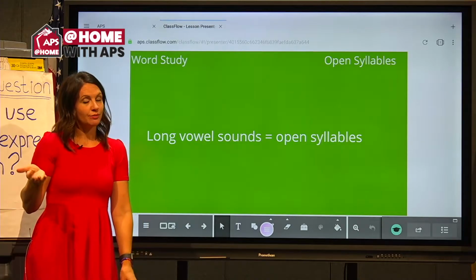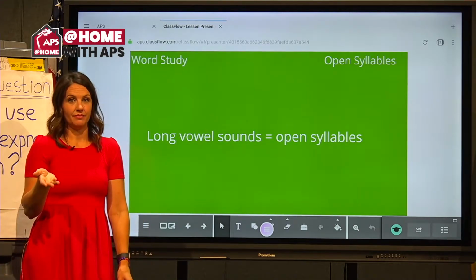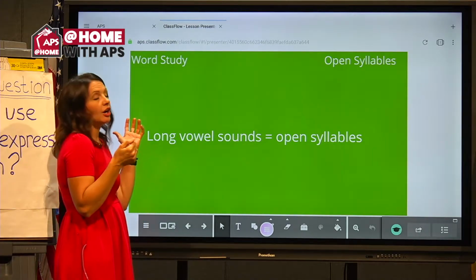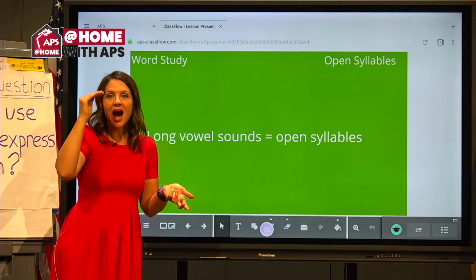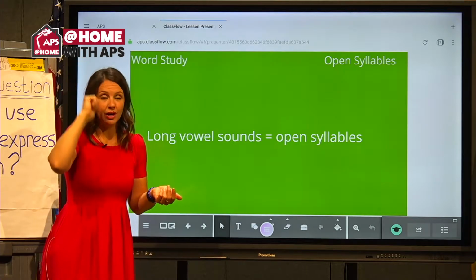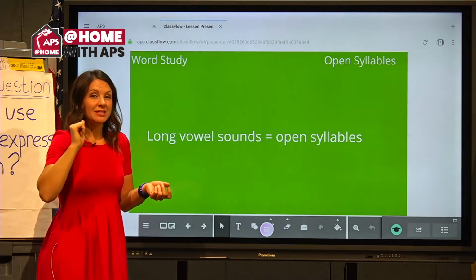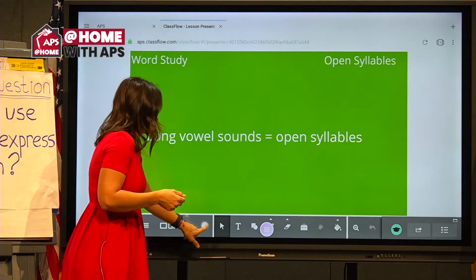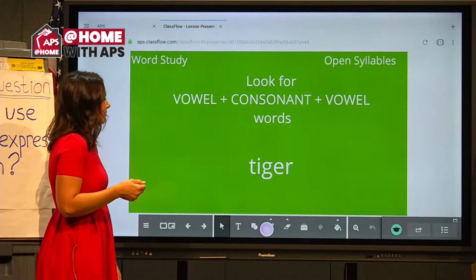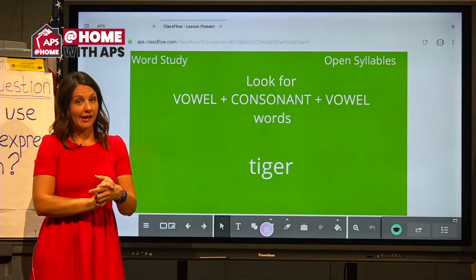Here's the most important part of today's lesson. If you hear long vowel sounds, A, E, I, O, U, that means it's an open syllable. Here's one thing I have figured out.